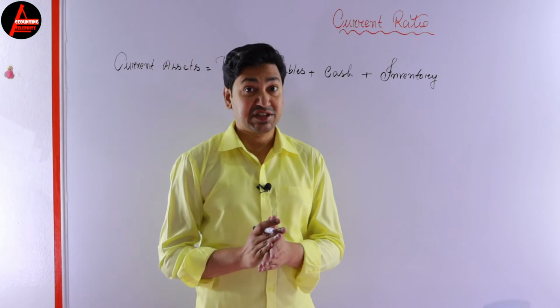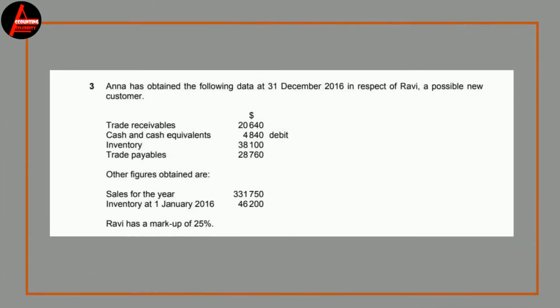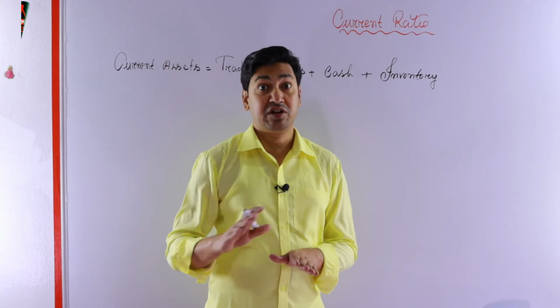Look at the question once again. There are two inventories. One is on 31st December 2016, which is $38,100, and another one at the end of the question, inventory at 1st January 2016, which is $46,200. That is an opening inventory, so we are not going to take that.